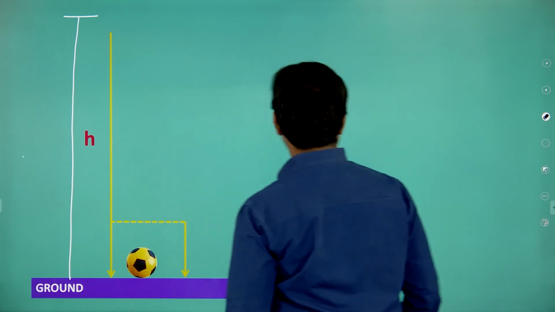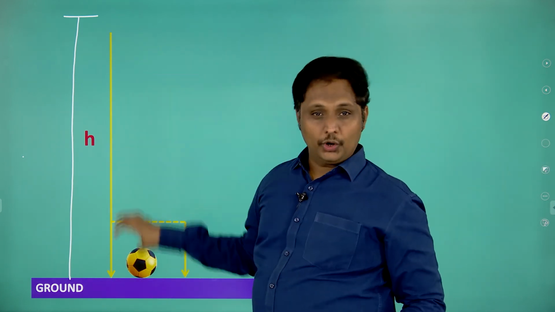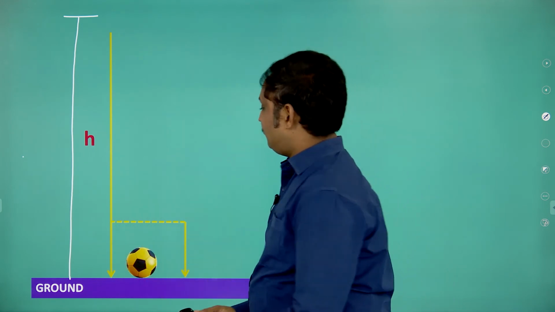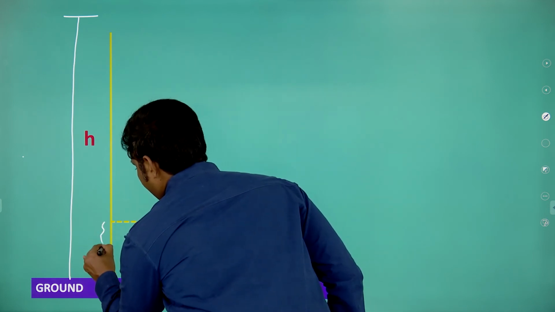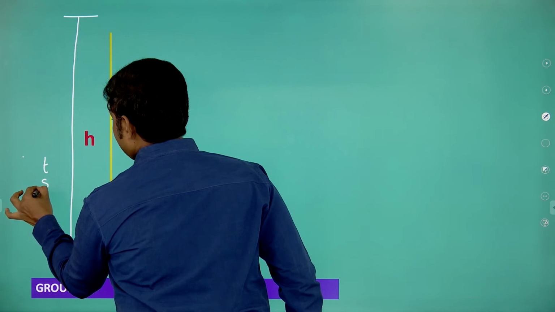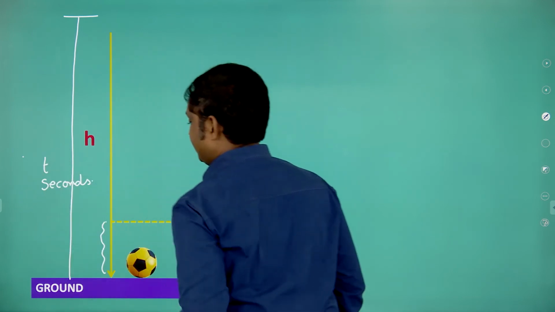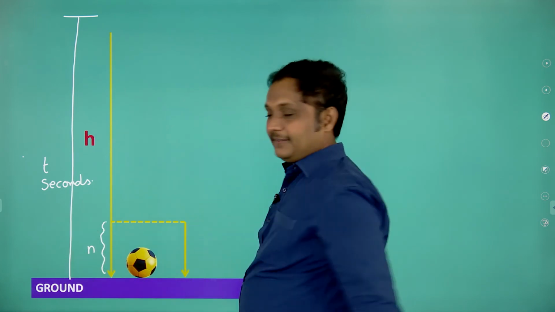It's very clear. Let's have a look. When the ball is allowed to drop down, in the last 3 seconds, 2 seconds or 4 seconds, it has the journey. This is in t seconds. It has reached that in n seconds.